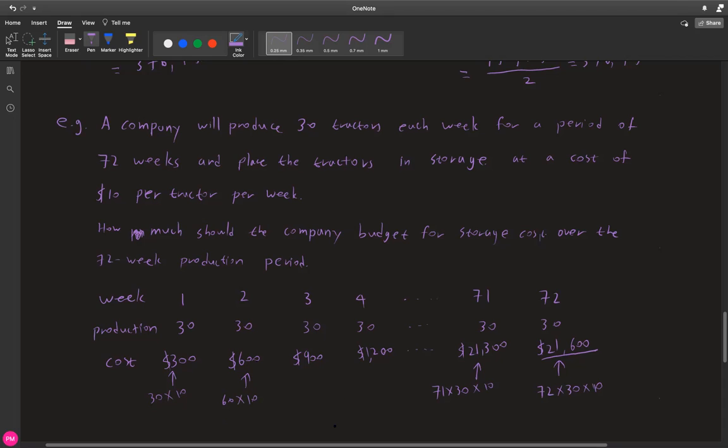By the end of week 3, you actually have spent $1,800, because we're adding all these numbers together. And all the way up to the 72nd week, we're simply adding all the numbers in the last row. $21,600 here is simply the money that you spent on the 72nd week. This is not taking into consideration how much you spent in the previous weeks. So please be careful when you see problems like this, and you will see problems like this.